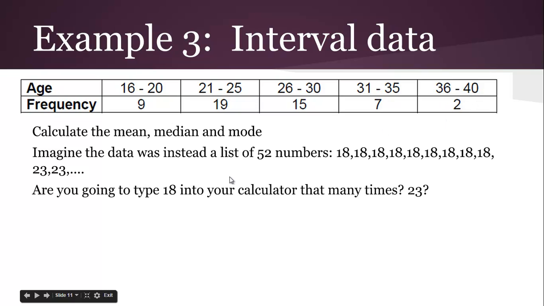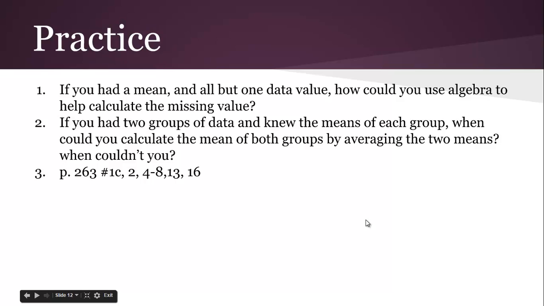And you're not actually going to do 18 plus 18 plus 18 plus 18 and then divide the answer by 52. You're going to multiply 18 by 9, 19 by 23, 15 by 28, and so on and so on.